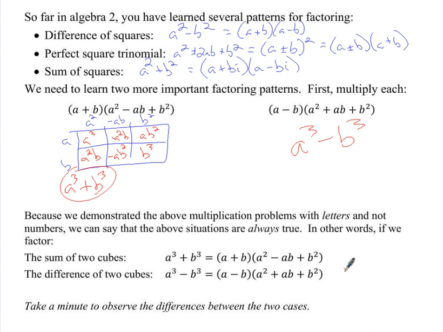And I want to take just a minute or two to try to see the patterns that are involved in these. You need to know the patterns. If you know the patterns, you will always remember how to factor sums or differences of cubes. So what do you see? Okay, we have a plus and a minus here.